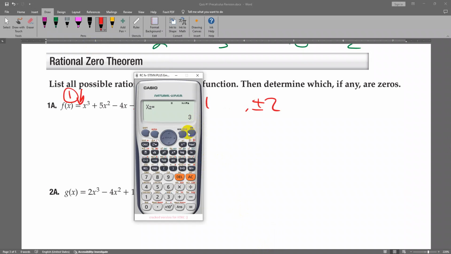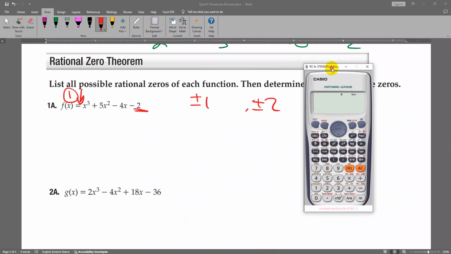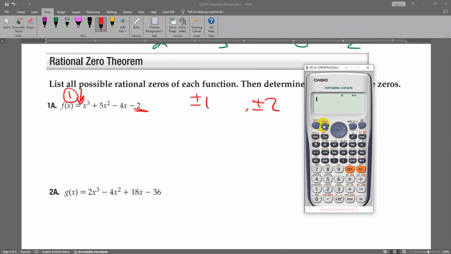To do it, all you need to do is start by writing the function. It's x power 3 plus 5x power 2 minus 4x minus 2.